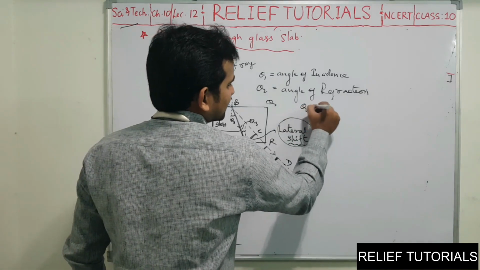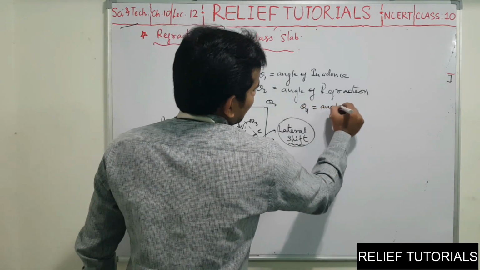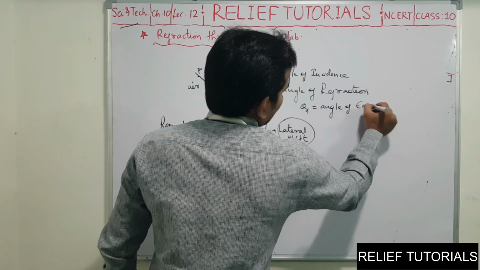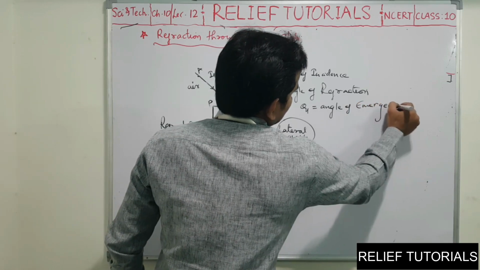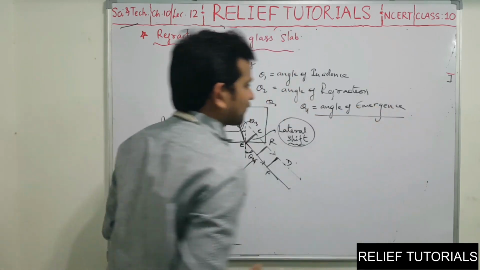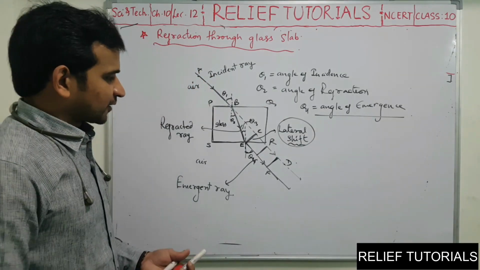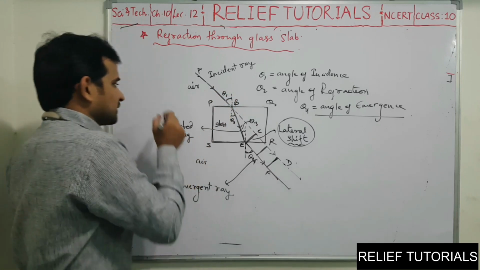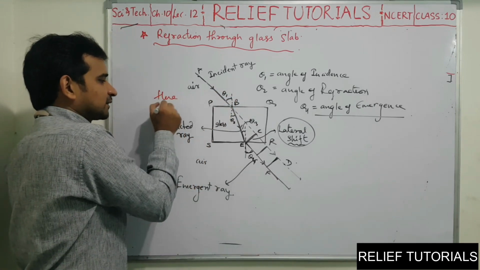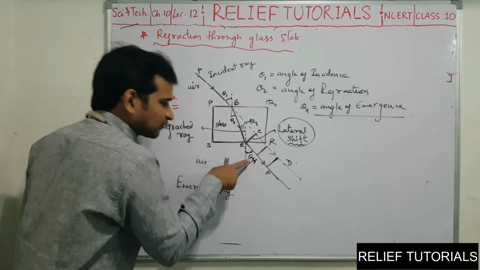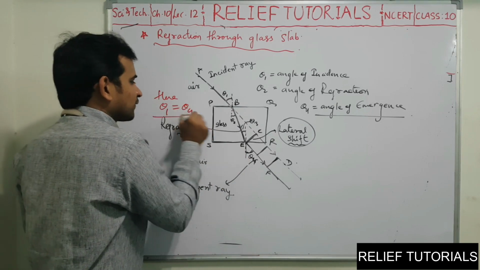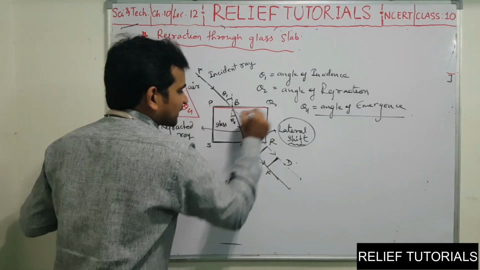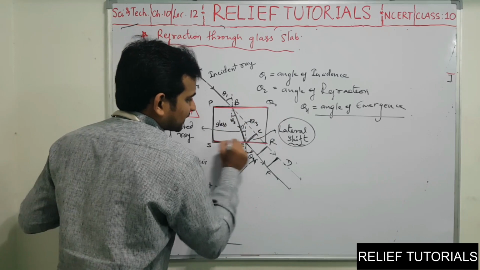Theta 4 is called the angle of emergence. And remember, this angle theta 1 is always equal to theta 4 because these two sides are parallel.